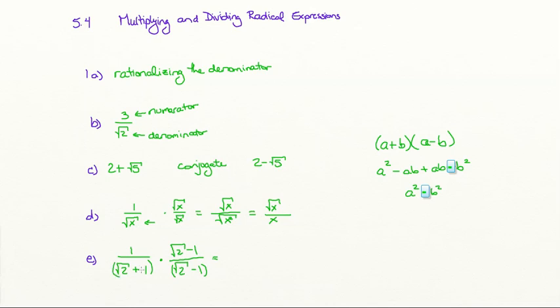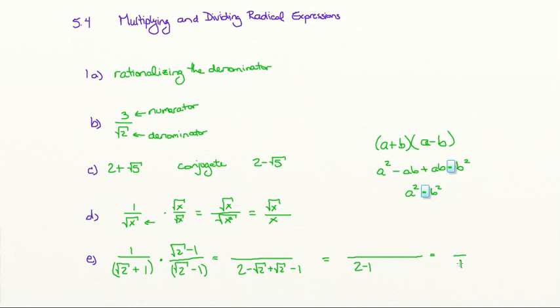So I'm going to be FOILing. Root 2 times root 2 is root 4. Root 4 is 2. And then I'm going to have a minus root 2, plus root 2. 1 times negative 1 is negative 1. So I get 2 minus 1. 2 minus 1 equals 1.